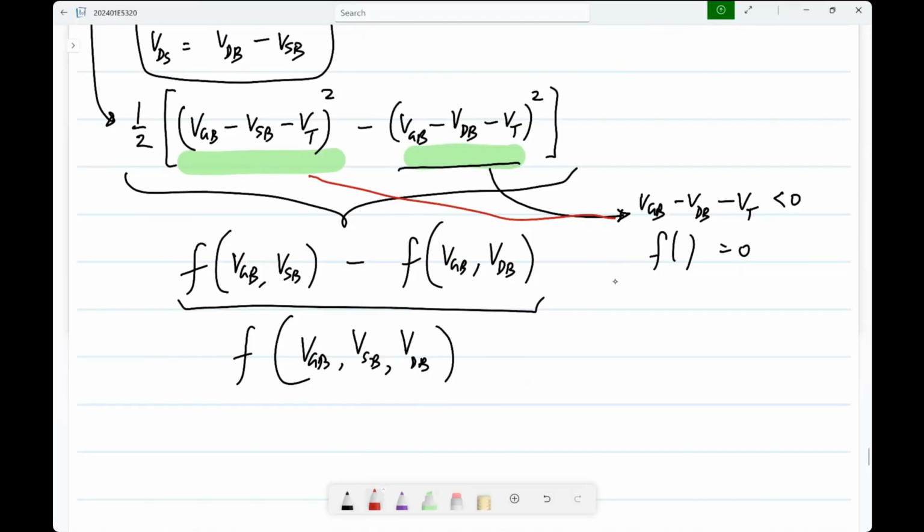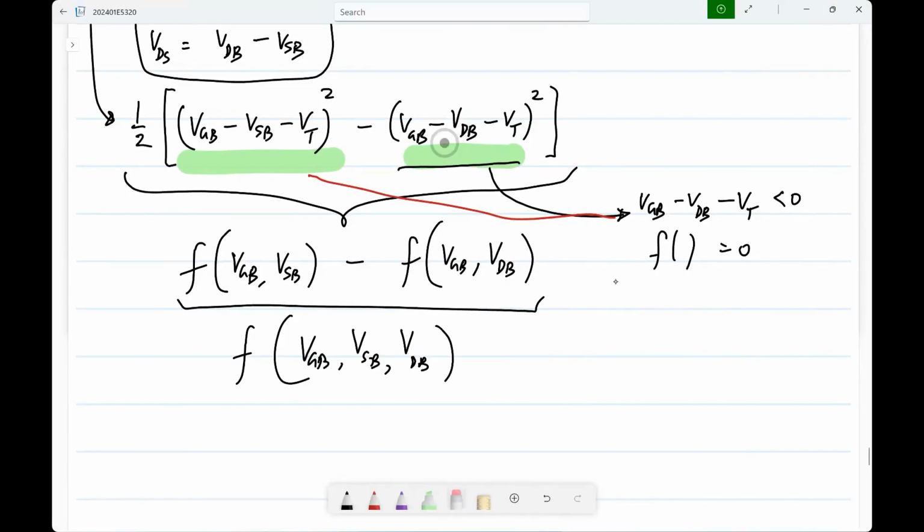If this one is higher, current flows that way. So either of these two could be higher than the other, right? Whatever you call as you have defined one direction, if this comes out negative, it means the current is flowing in the other direction. But the current that you calculate will be correct. So you don't need to worry about which is the quote unquote source and drain here.